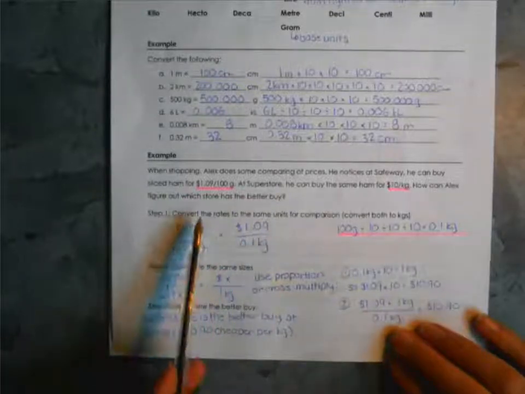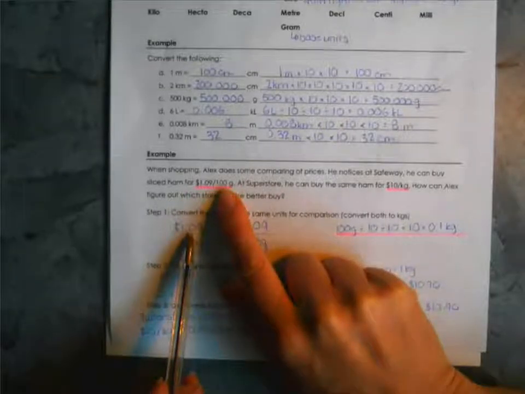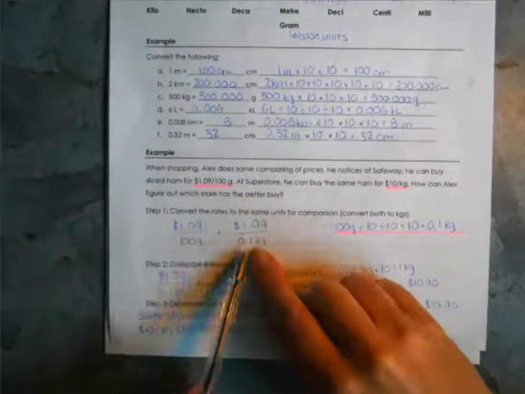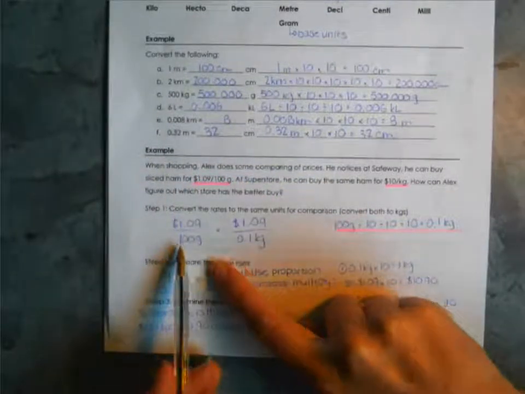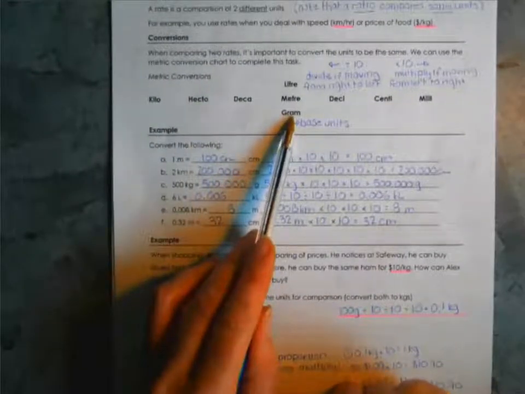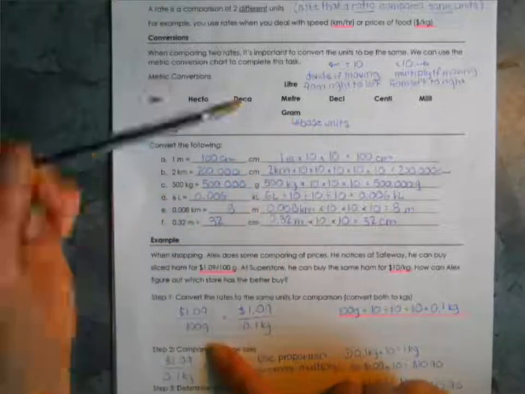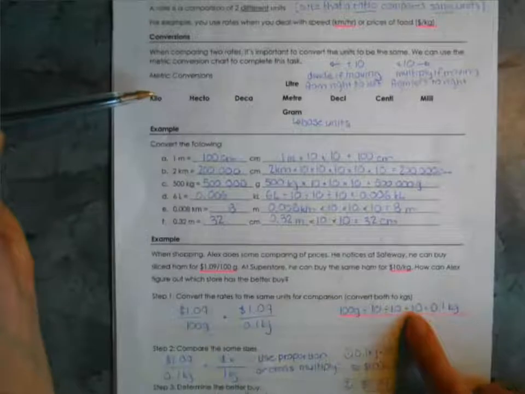So essentially what we would do here is we would say, okay, if this one is $1.09 per 100 grams, and I want this to be in kilograms, then I could say, okay, 100 grams we know is, if we use our conversion system here, going to be 1, 2, 3, divided by 10 3 times.